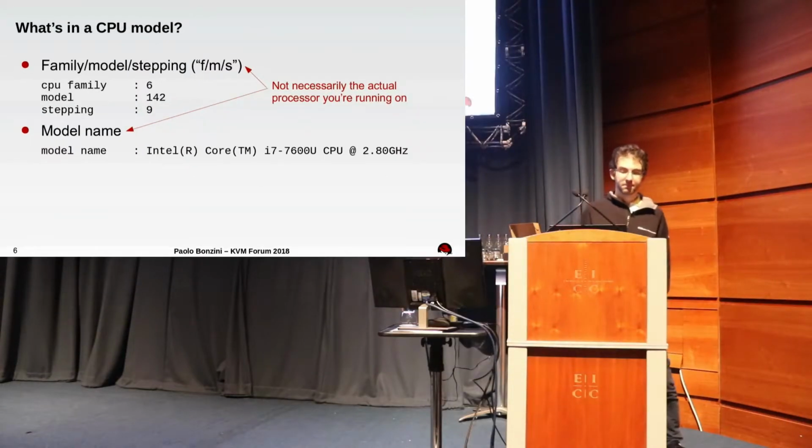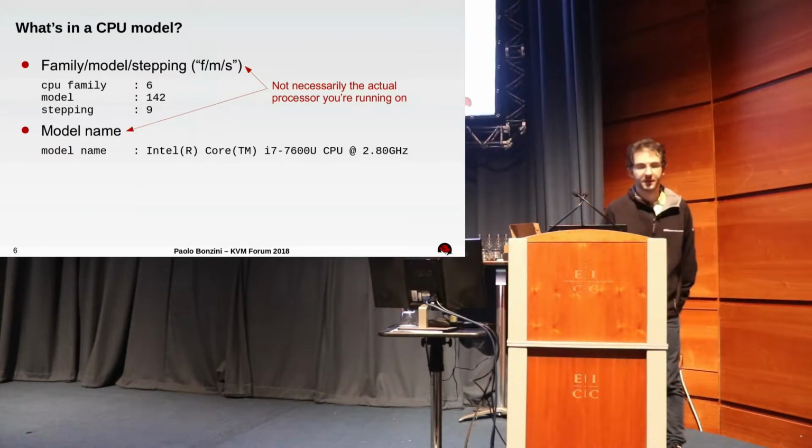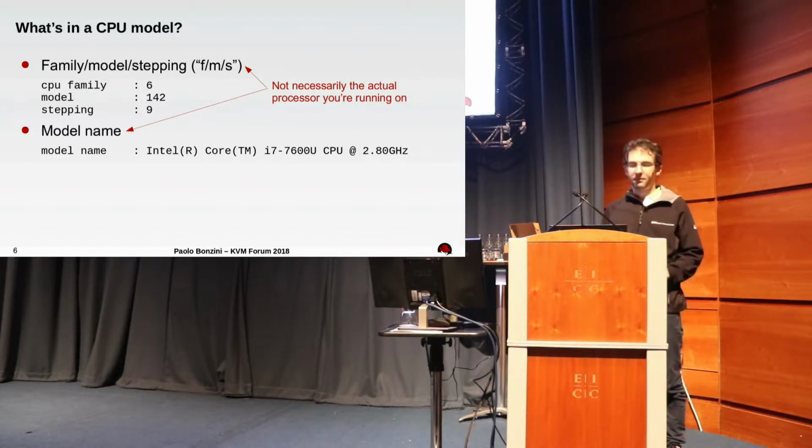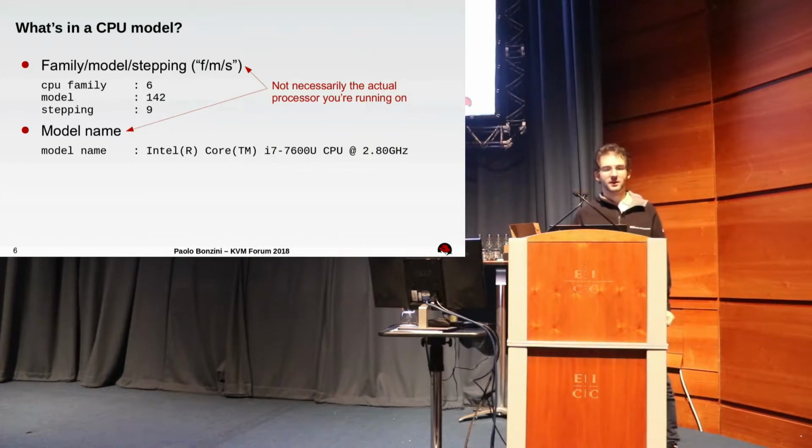Some programs actually do look at family, model, and stepping in order to choose, for example, some microarchitecture-dependent optimizations. For example, they know exactly what the execution units are in a Skylake, and they write their code so that it fills those execution units nicely.